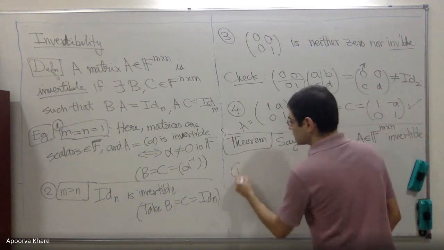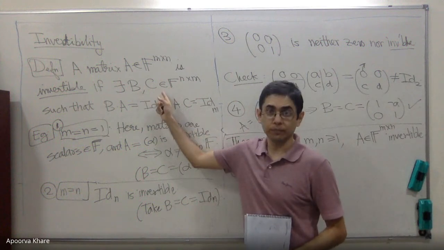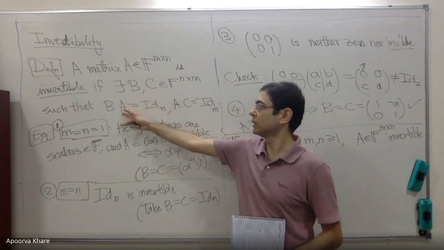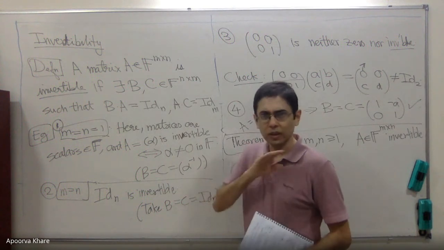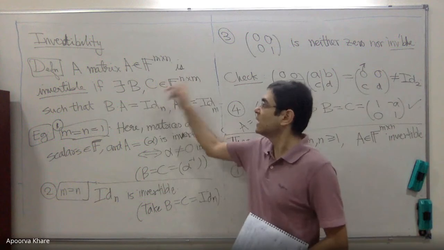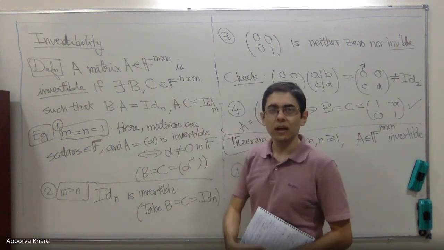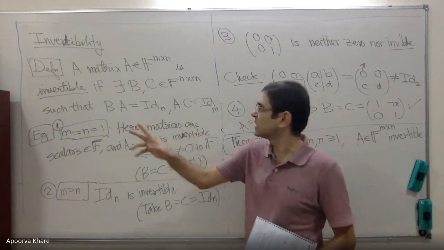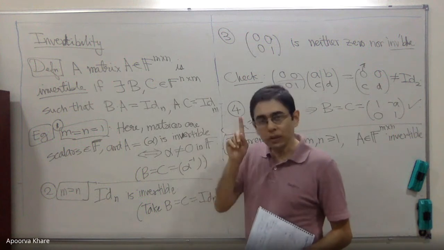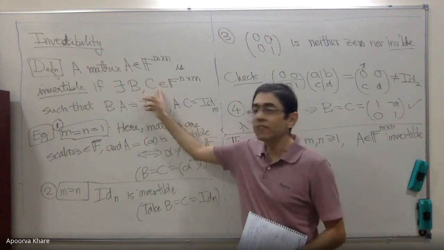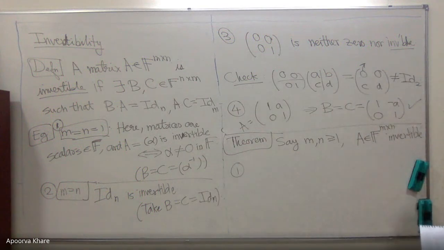Okay. Two points. One, I said that there exist B and C. I did not say these are unique. There could exist multiple different B's and multiple different C's. Remarkably, the first statement is going to say, regardless of the field, regardless of the sizes, if A is invertible, if there exists at least one B and at least one C like this, then pick all the B's and all the C's. They already have the same size, but we can check they're all equal. There is only one matrix. B and C are never different. They have to be equal, the same rectangular matrix.